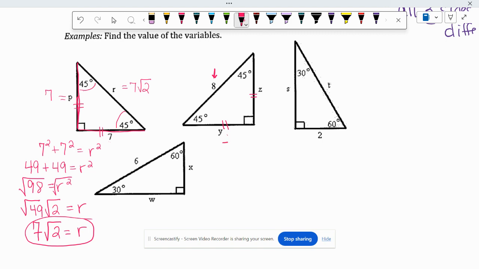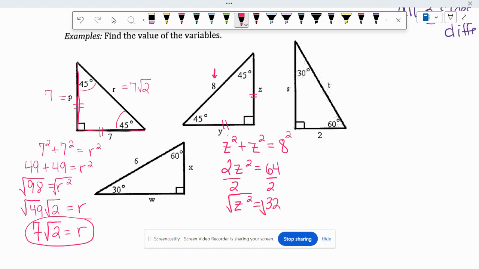Okay. So z squared plus z squared has to equal 8 squared. Well, z squared plus z squared is 2z squared equals 8 squared is 64. So I divide both sides by 2, and I find out that z squared equals 32.